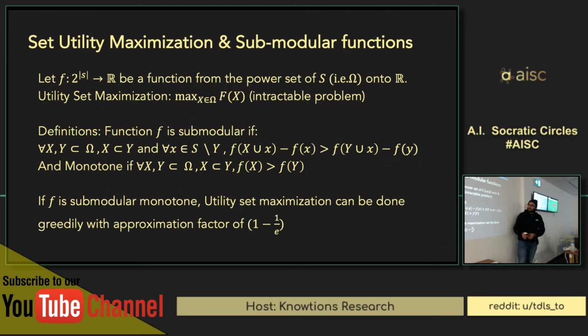In case the function f is submodular and monotone, you can get a polynomial time approximation of 1 minus 1 by e. So that's why we need to try to prove whether the utility functions we have are submodular, or submodular under certain conditions, or at least close enough that it still gives a good enough approximation. Okay, that makes more sense.